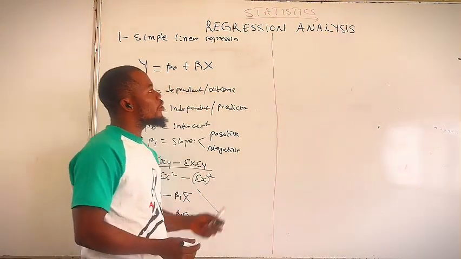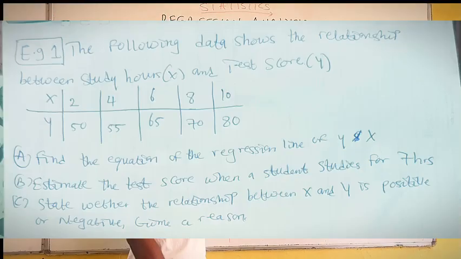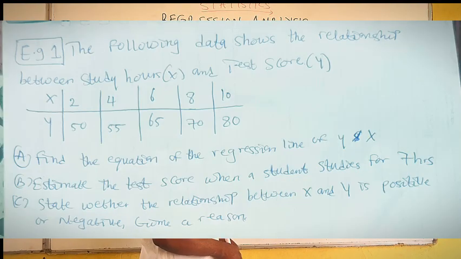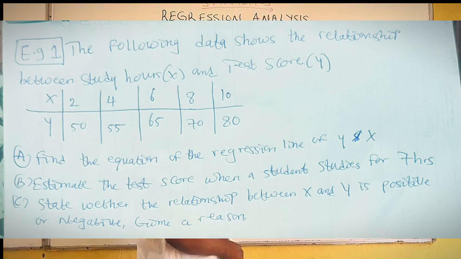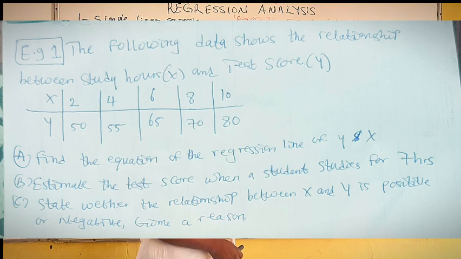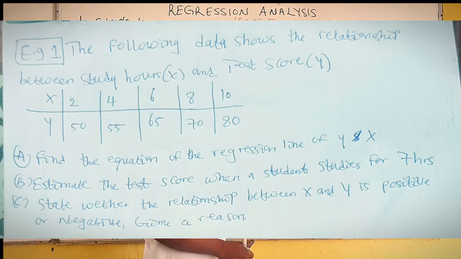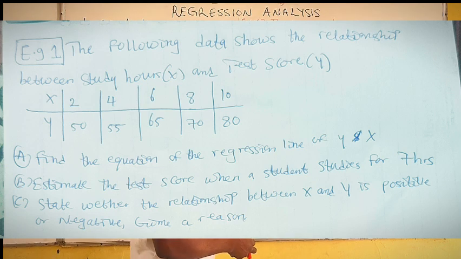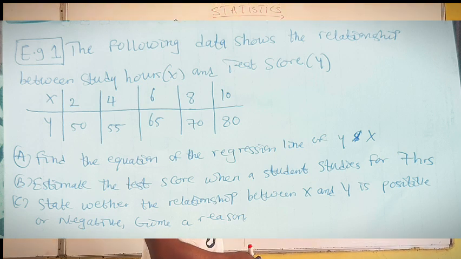Let's check this example out. The question says the following data shows the relationship between study hours x and test score y. From there we know that study hours is our independent variable, while test score is our dependent variable. They give us this table with our x and our y.